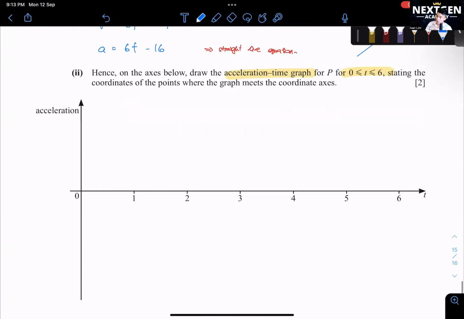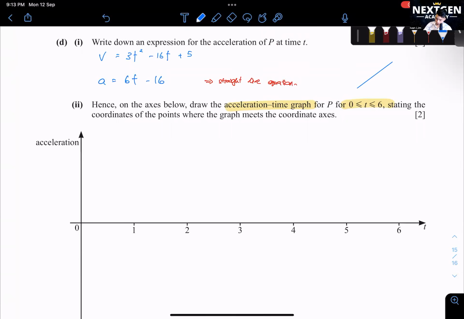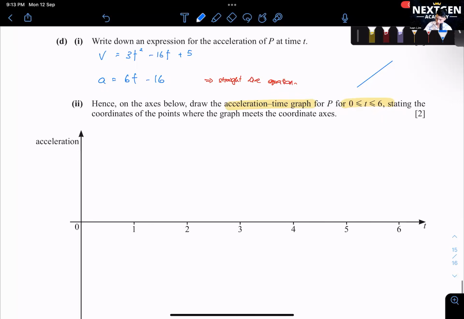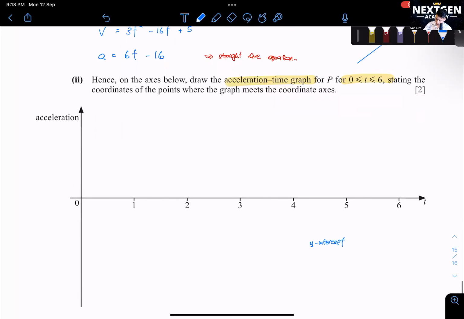So x-intercept, it is when, we already got actually the y-intercept, which is, we calculate down here, y-intercept is 0, negative 16. For the x-intercept, you just sub in when A equals 0.